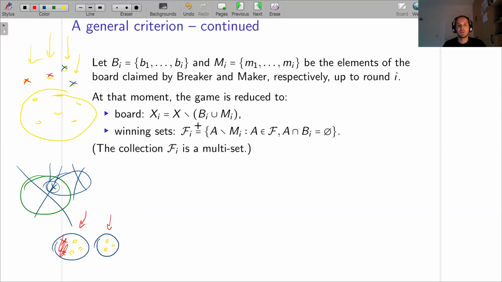So we are removing the red ones from a set, and only sets which have no intersection with the blue are considered. All the other sets are excluded like this. And this is our board after a certain number of moves.